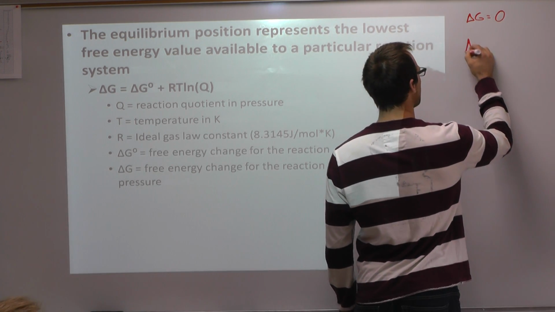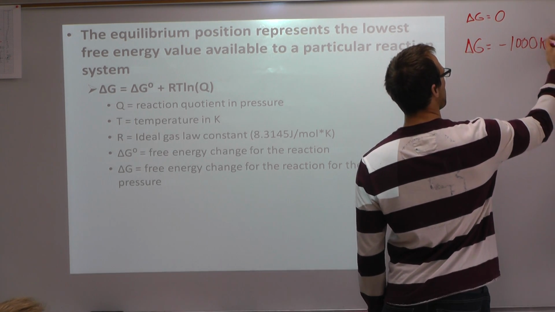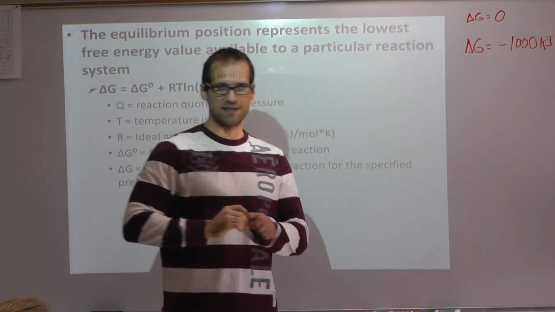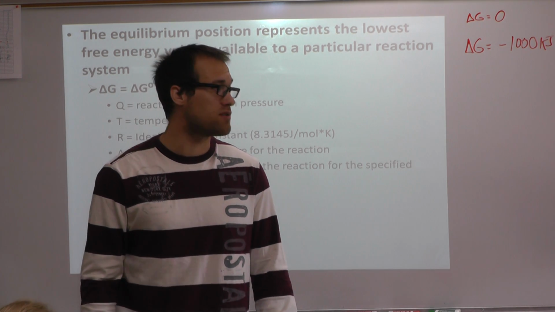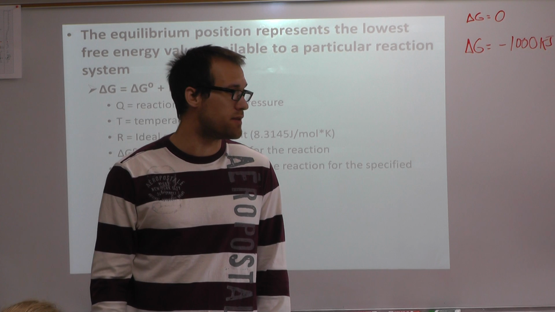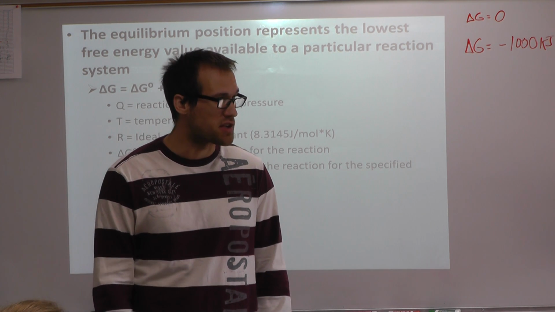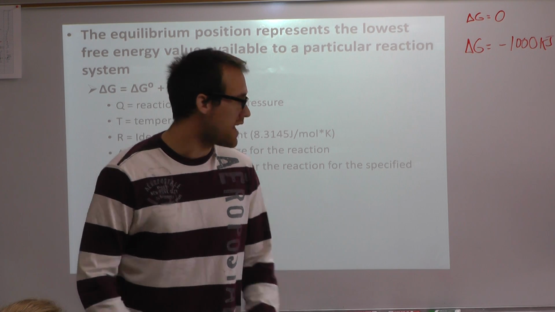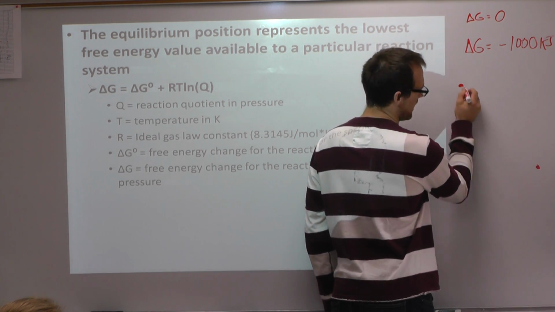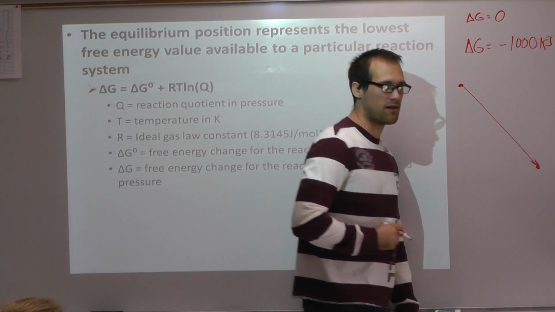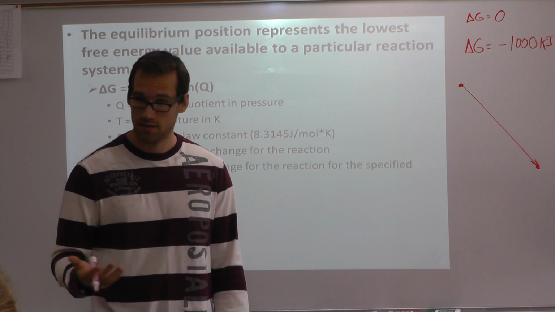This is why if I say change in G is some negative number, this means it's not at equilibrium and it has to lose 1,000 kilojoules of energy to reach equilibrium, and usually that is a spontaneous favorable direction. Okay? It's like I'm at the top of the mountain and I gotta go down the mountain to reach equilibrium. It's gonna happen spontaneously. Does that make sense?